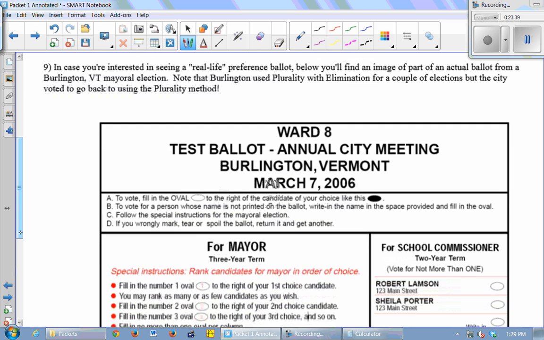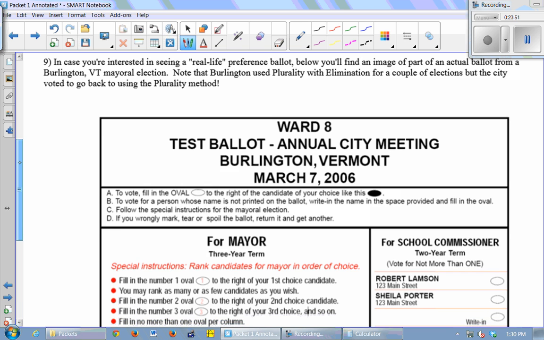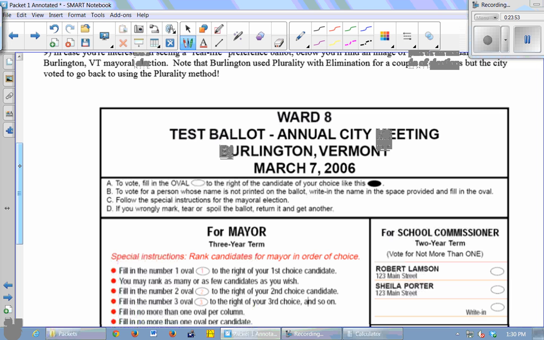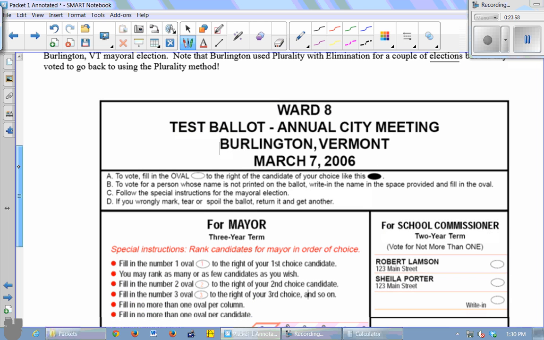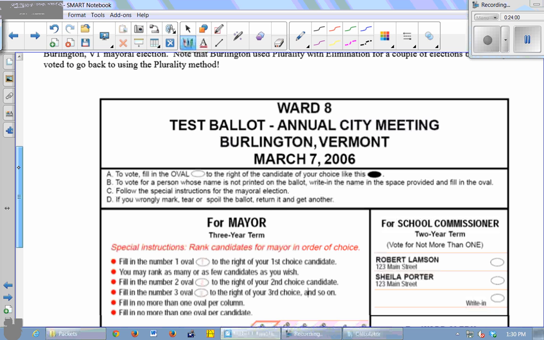All right, if you're interested in seeing a real-life preference ballot, this is a ballot from Burlington, Vermont, an actual ballot from their mayoral election. Burlington used plurality with elimination for a couple of elections, but the city ultimately decided to go back to the regular old plurality method.